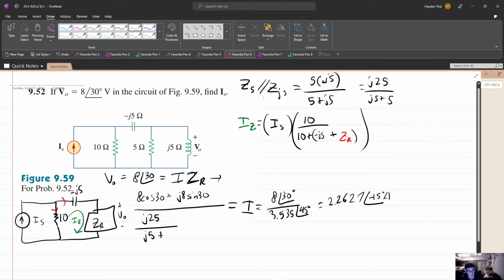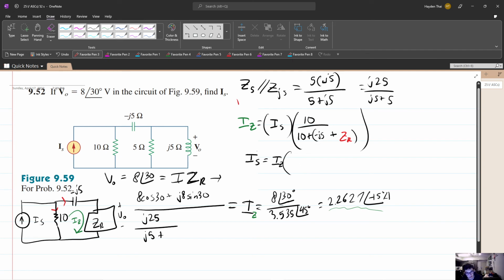And then we solve for that up here, right? So plug in ZR to that. And then you plug in IZ, which is this value. And then plugging in all those values, we get IS is equal to IZ, that other mesh, times the reciprocal, right?